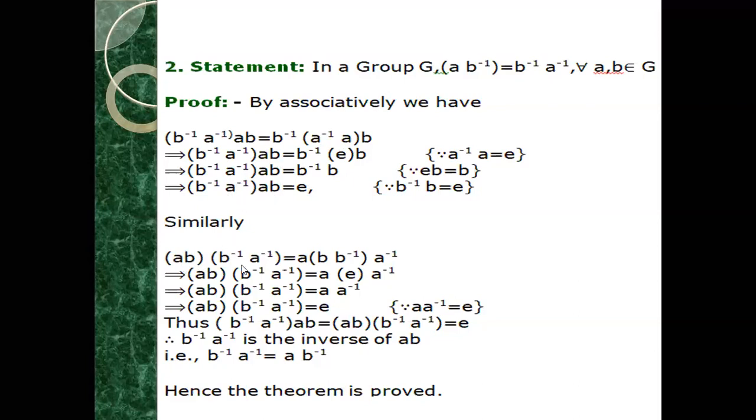So AB into B inverse A inverse is equal to A into B B inverse A inverse, grouping these two elements. So B B inverse is equal to E, and A A inverse is equal to E from the inverse property. So AB into B inverse A inverse is equal to E. So B inverse A inverse is the inverse of AB.